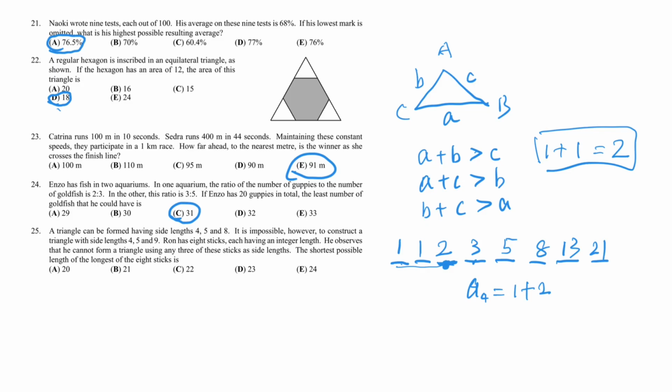So in this case, the shortest set of possible lengths is these 8 numbers. In this, the shortest possible length of the longest one is 21. Therefore, number 25, the answer is 21. That's the B.